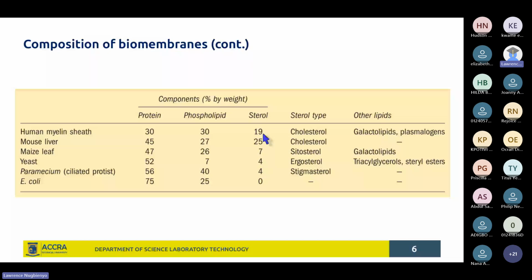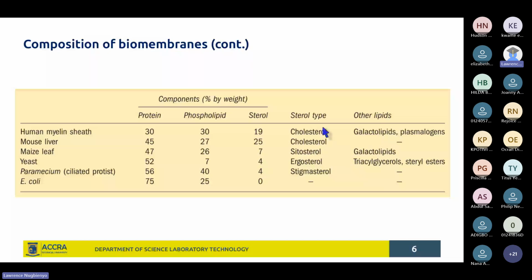You can see that you have different sterol types depending on the organism. You find cholesterol in animal cells. If you take a cell membrane of plants, the sterol which is there is different. It's not cholesterol. It's different types of sterol. So we can look at that.